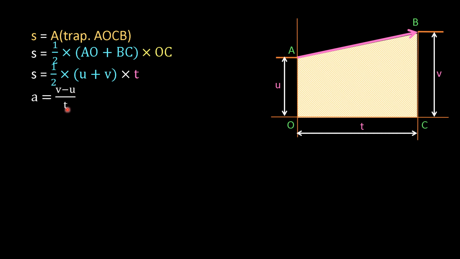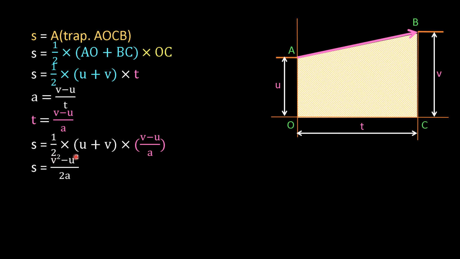This gives us t equals V minus U upon A. Now we will substitute this t by V minus U upon A in this equation and write S equals half U plus V multiplied by, in place of this t we put V minus U upon A. Now U plus V multiplied by V minus U gives us V square minus U square divided by 2A, and from this we get our third equation of motion, which is V square minus U square equals 2AS.